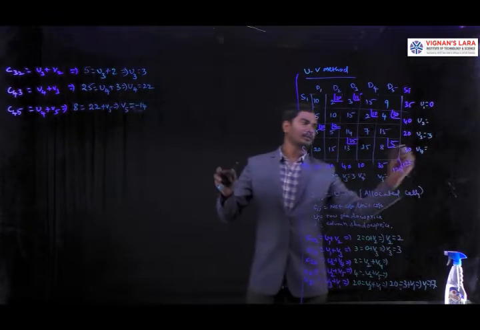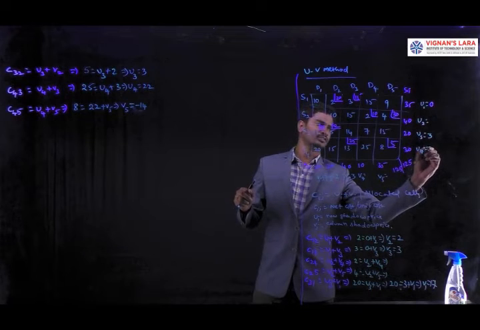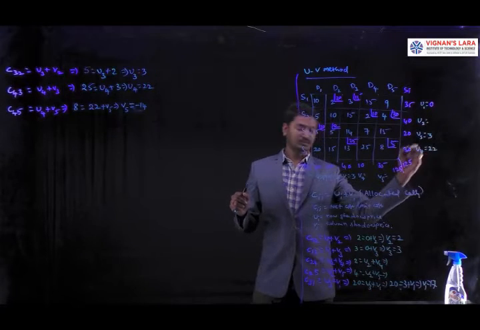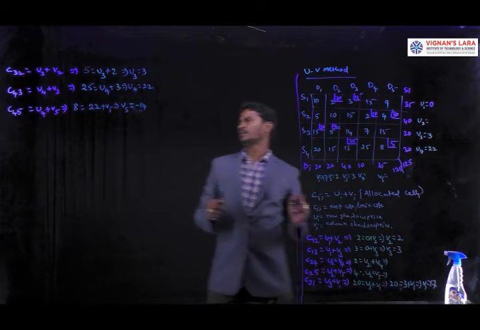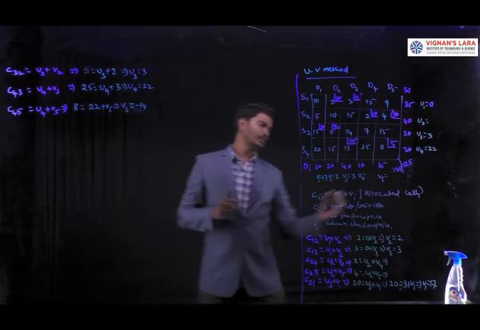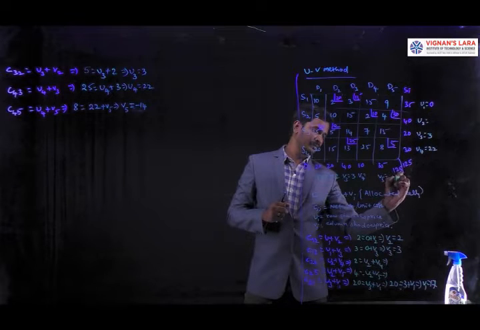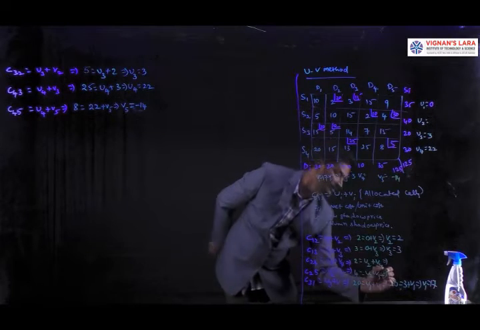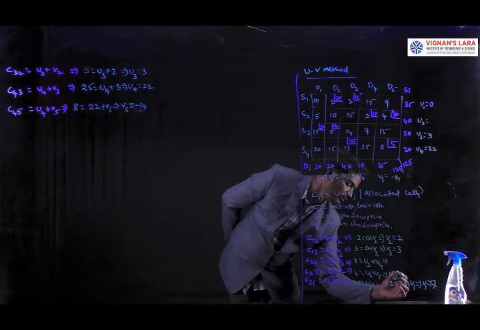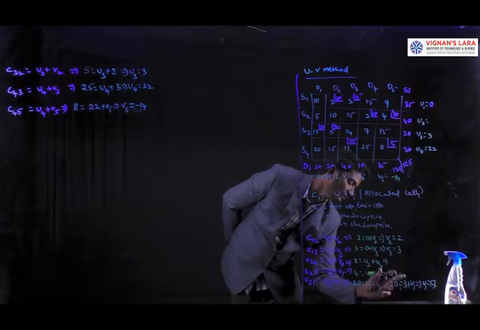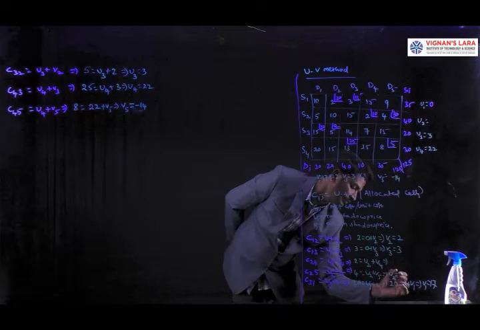Come to here. U4 is 22, we know. Next, the U2 value we don't know, and V4 we don't know. V5 we know, the V5 value is minus 14. So I am going to substitute V5 here. From this U2 is equal to 4 minus V5.